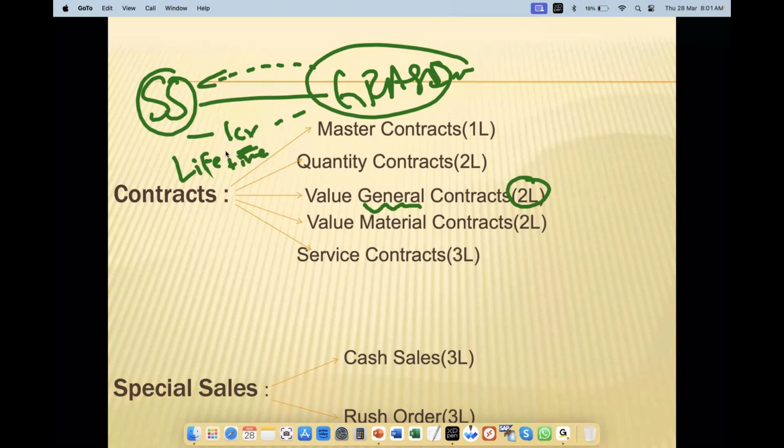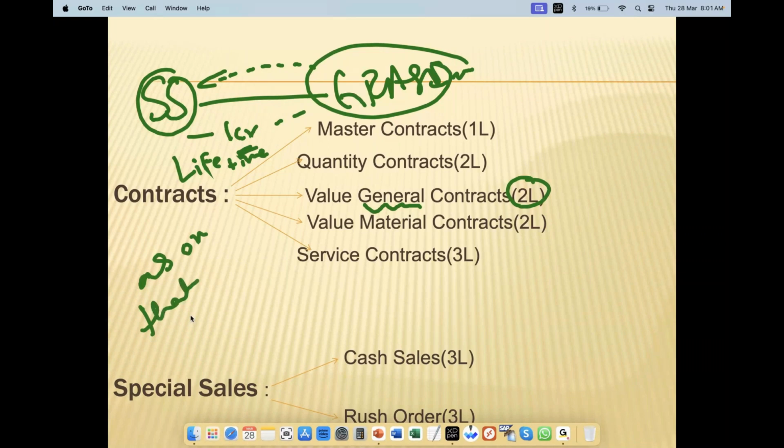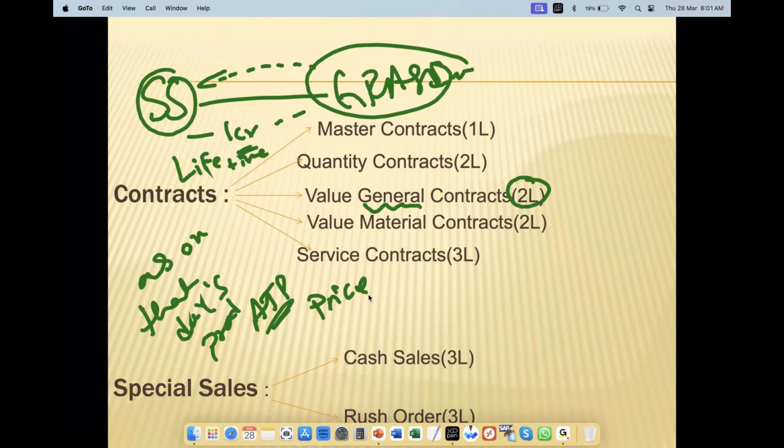That's fine. But as on that day's product availability and price, so price goes as on that day, product also as on that day.